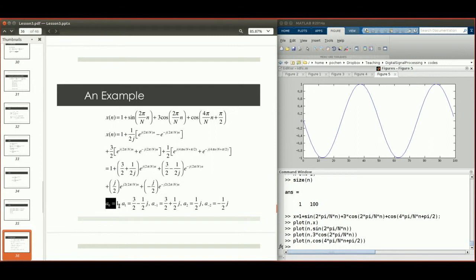So a0, the zeroth term, equals 1, and then a1. So that's the a1, right? But you have to pay attention to the j. j is in the denominator. So if you want to move j to the numerator, you have to multiply j on both the denominator and numerator. And then j times j is minus 1. So it's 3 over 2 subtract half of j.